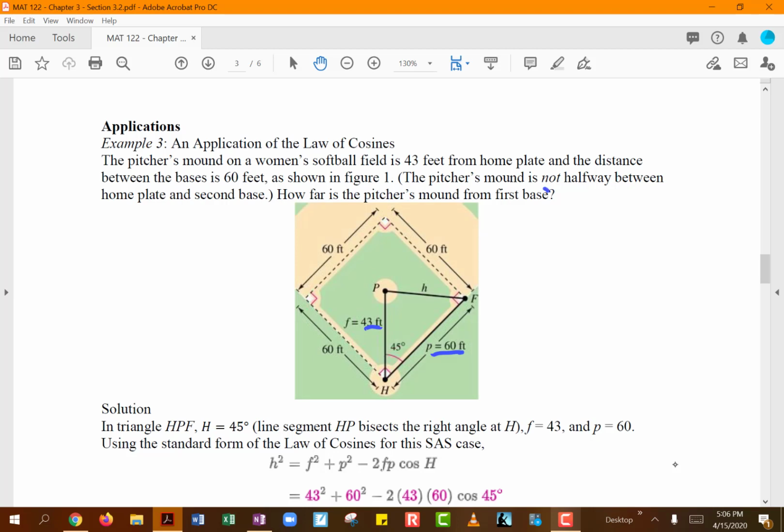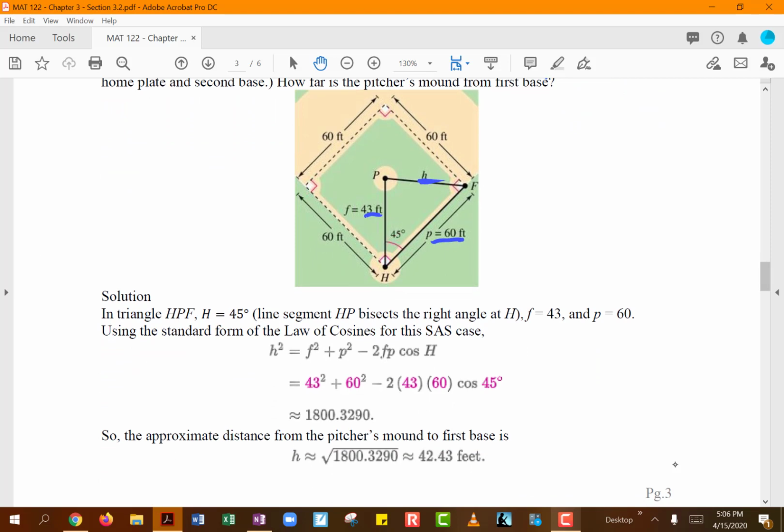And they're telling us the pitcher's mound is not halfway between the home plate and the second base. So they want us to know how far is the pitcher's mound from first base, so that's this distance of H that we are trying to find.